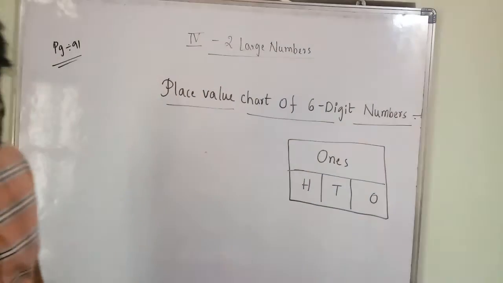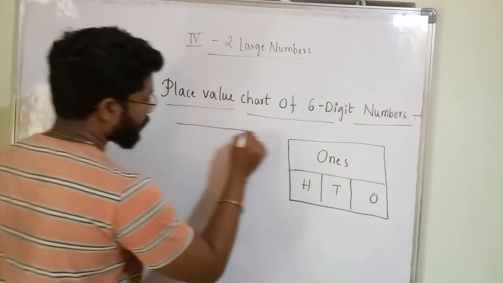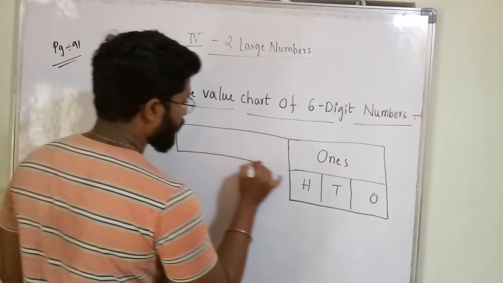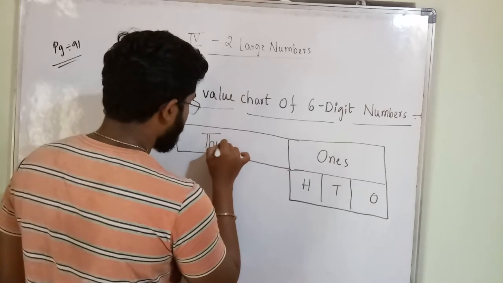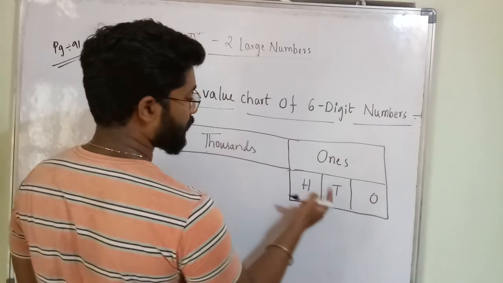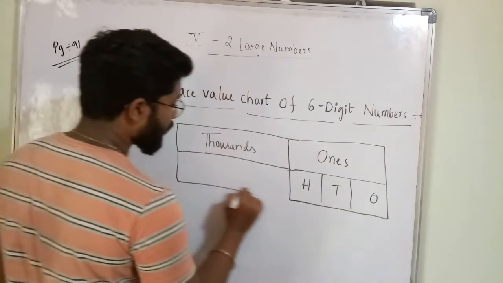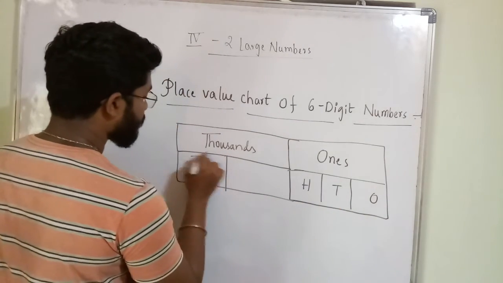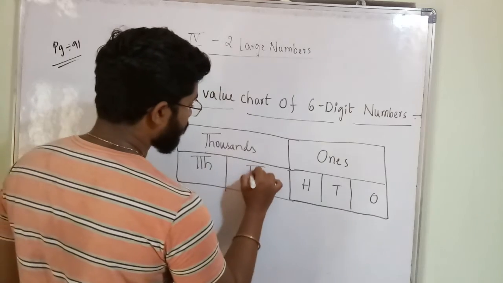Next period is thousands. In the ones period you will have 3 place values. What are they? Ones, tens, hundreds. In the thousands period we will have only 2 place values, that is 10,000s and thousands.